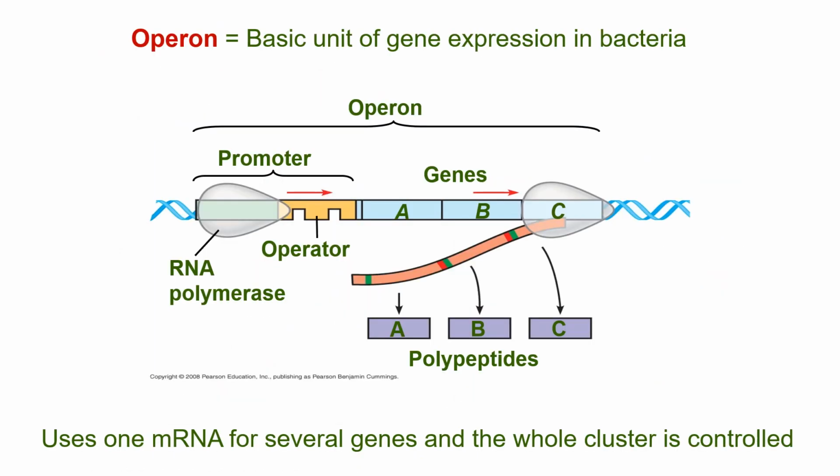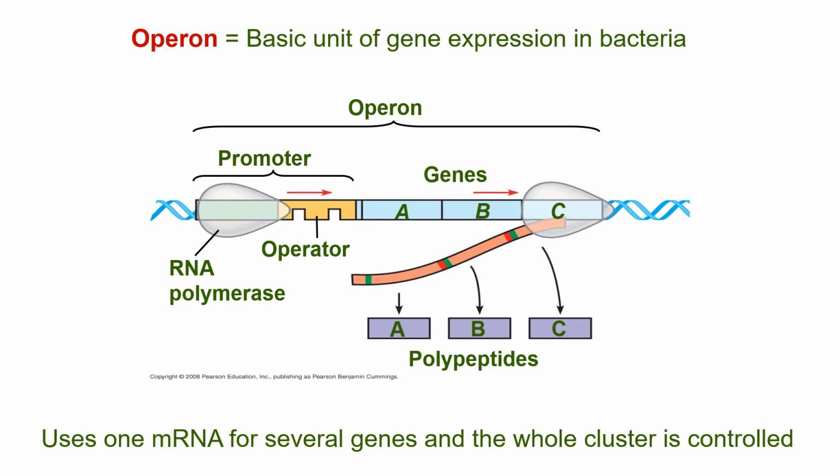Bacteria are able to do this genetic regulation using something called operons. An operon is the basic unit of gene expression in bacteria. So basically, all of the required genes for a particular pathway are all grouped together. Just in front of that, we have something called a promoter.